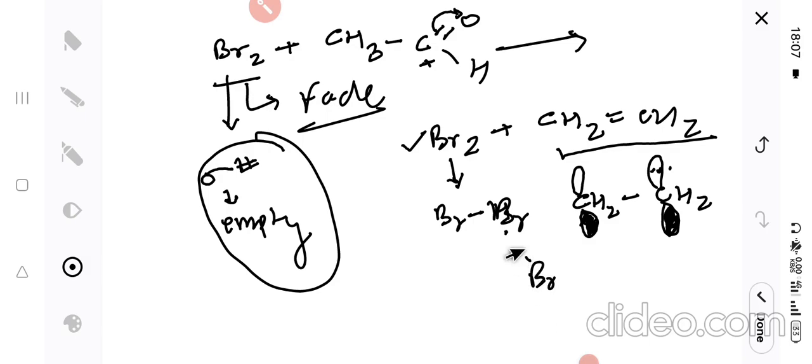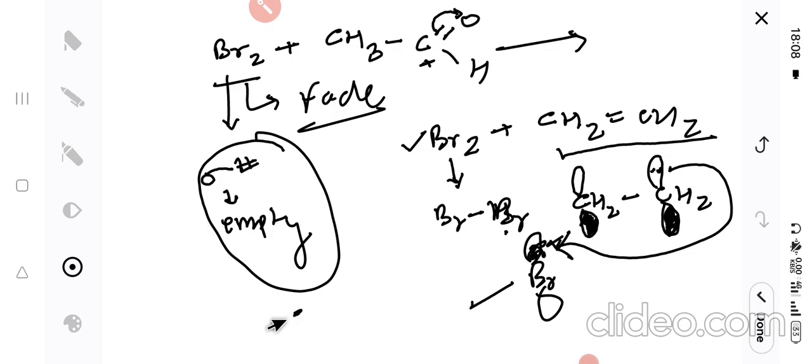Bromine has an empty sigma anti-bonding orbital, and CH2 gives its pair of electrons to bromine's sigma star, and forms CH2 single bond CH2 and Br, right?